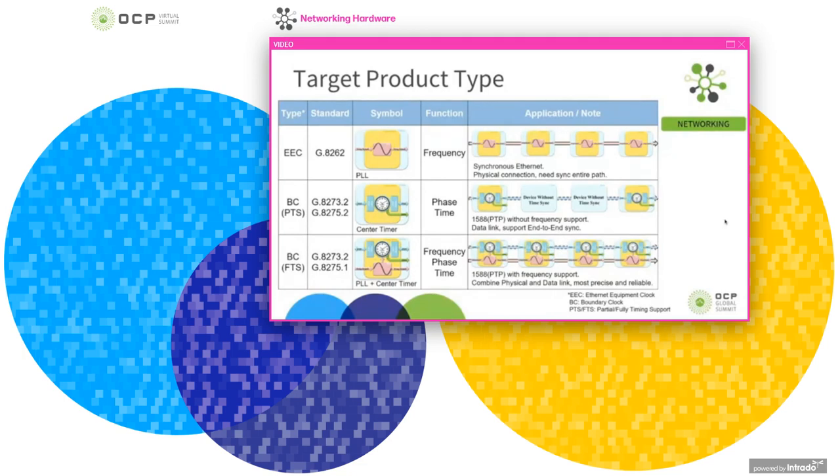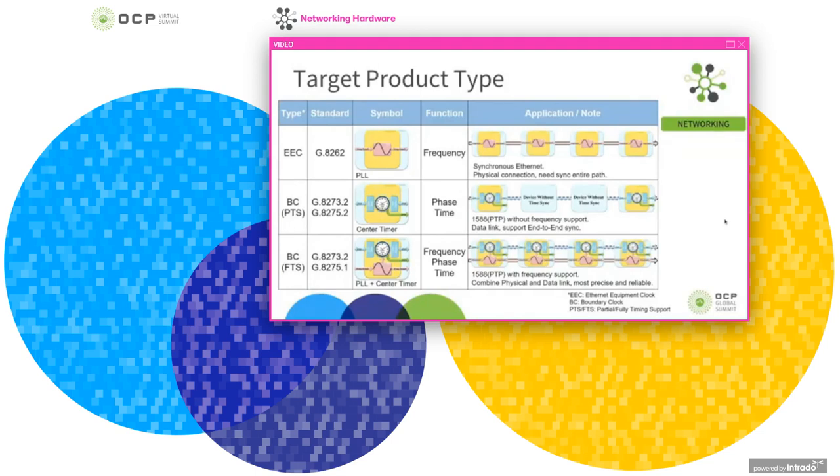You can use two partially time support boundary clocks to achieve end-to-end synchronization, because the timing packet can go through the unknown networking and then be sent to the target, and then the target side can receive it, and then it could achieve time sync.